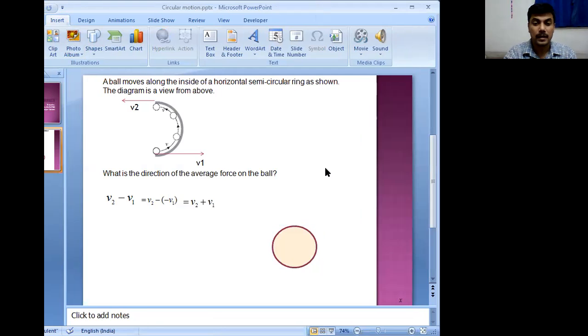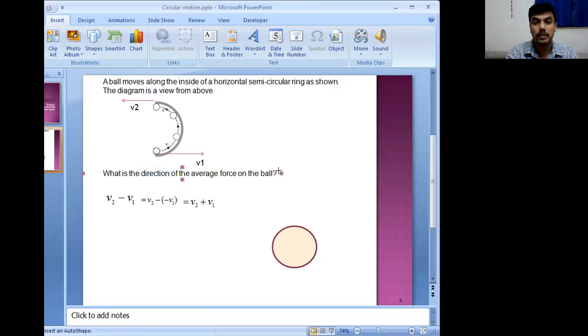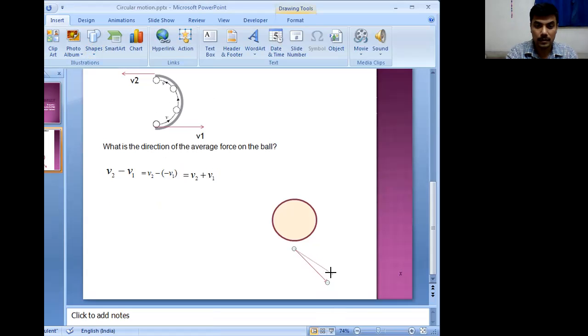Now here we have the analysis from the bottommost point to the topmost point. If I draw the direction of the forces for multiple positions, at the bottommost point it is going to be in this direction. At other points, at an intermediate point over here, it's going to be in this direction.